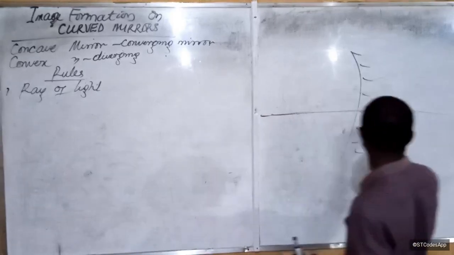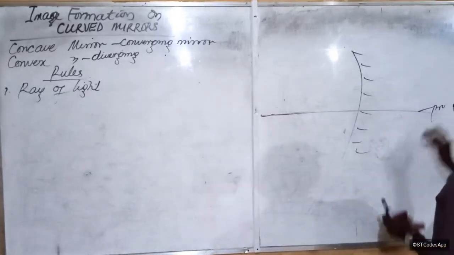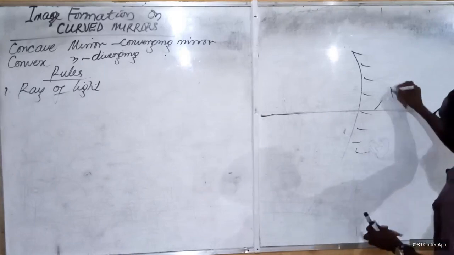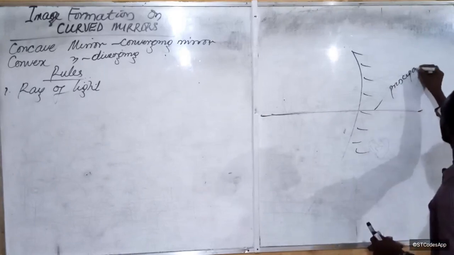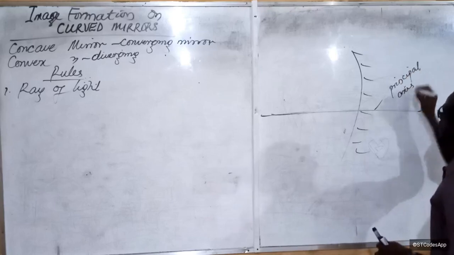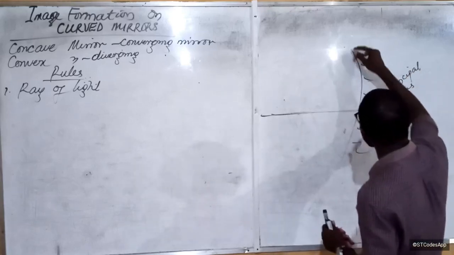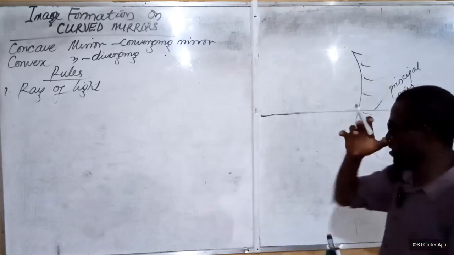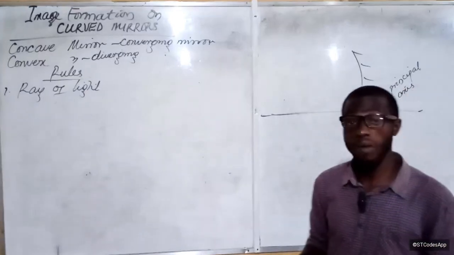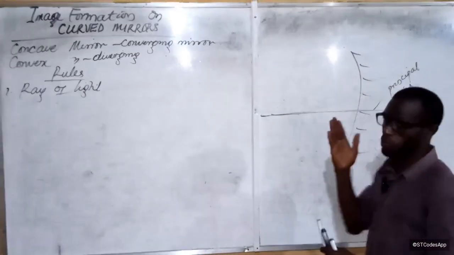called the principal axis. This line is called what? The principal axis. And the radius, now if you look at this, this is a part of a sphere.